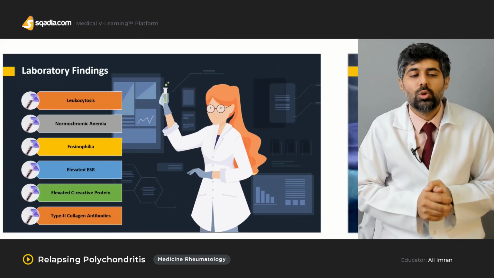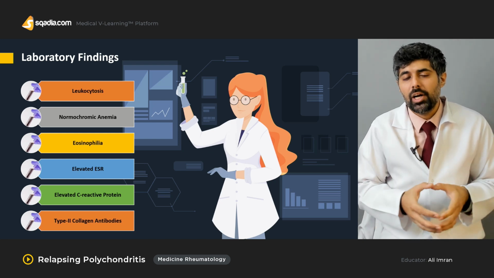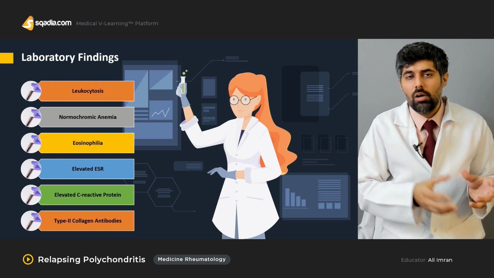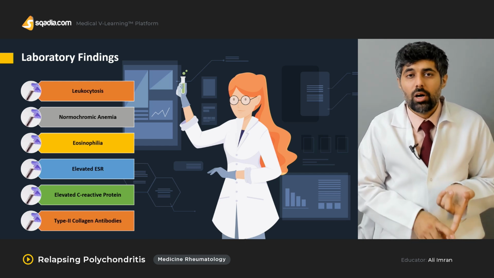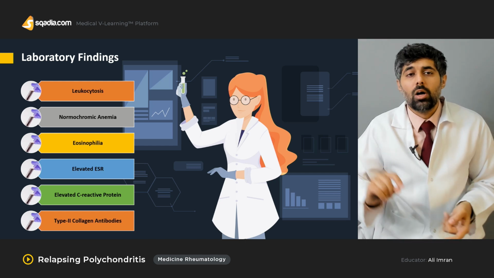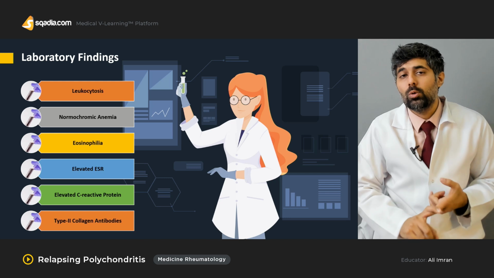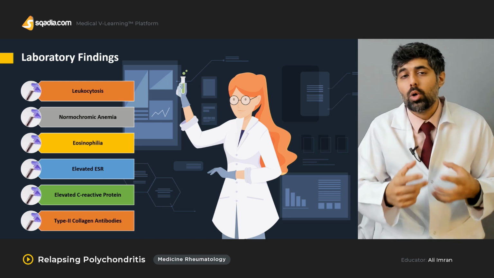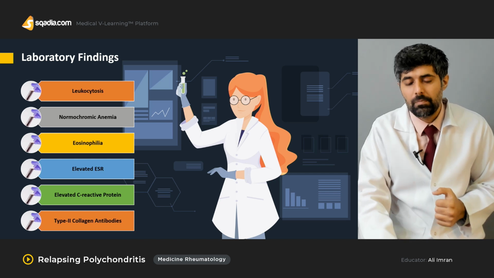Then we'll also learn about the various laboratory findings we find in such patients. We learn about all of these findings, which antigens are found, which complexes are found, which autoantibodies are found. We'll study all of those, what they mean, and what the typical picture in a polychondritis patient should be.